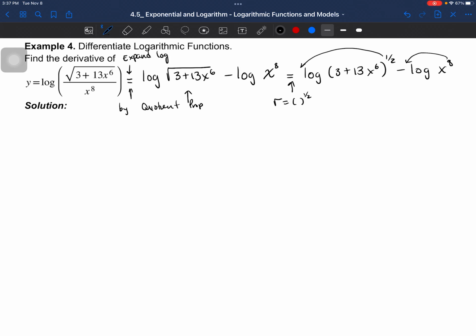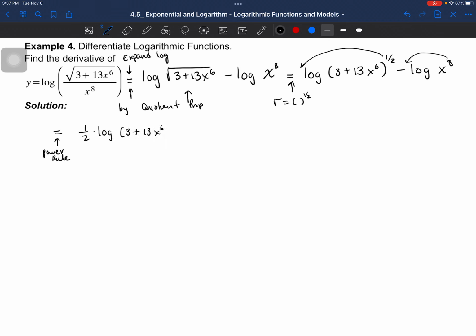All right, and then from here we're gonna continue with the algebra. We haven't even started taking the derivative. We're just setting it up. We're going to use the property of powers that allows us to move the powers to the front as a factor.